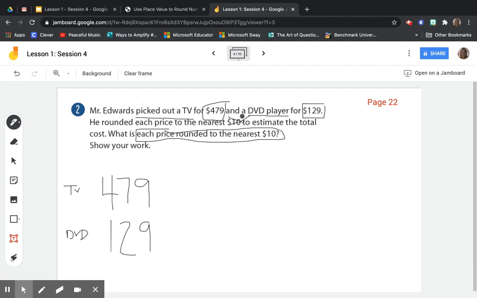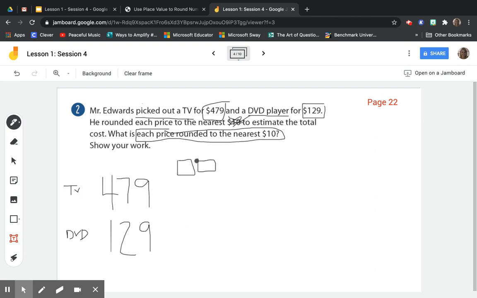Now, this number 10 is right here. I don't need this one because I already know that we are looking at what each price is rounded to the nearest $10. So I'm rounding to the tens. So I'm going to look at $479 and $129. Here's my TV.